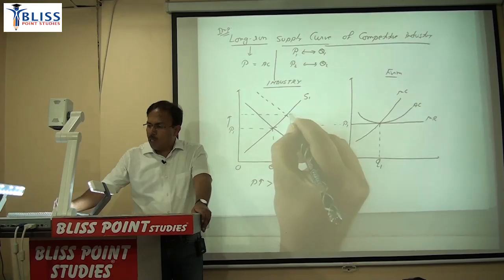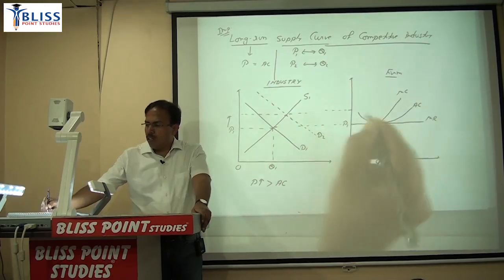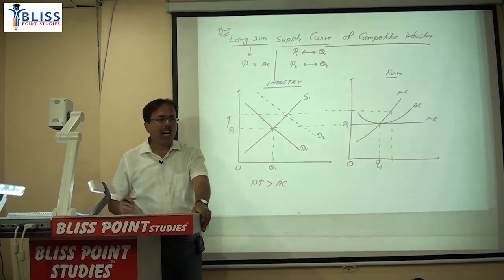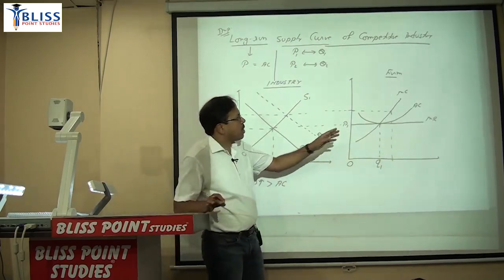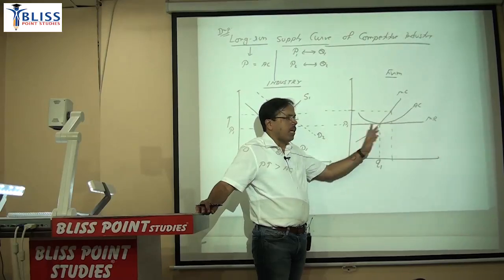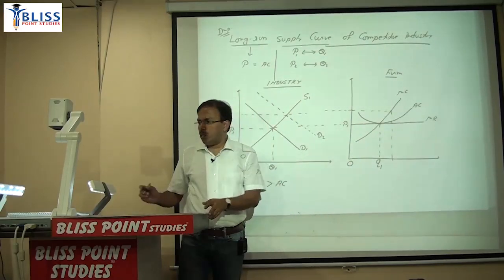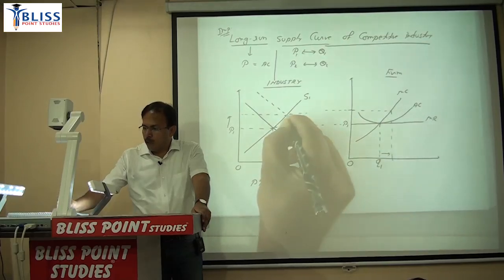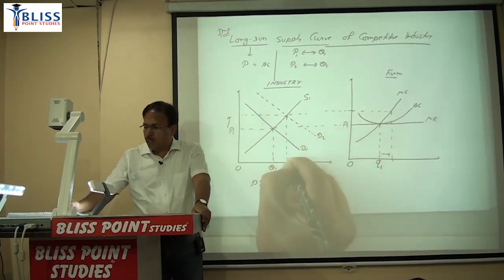So at a higher price, existing firms in the market will produce more, because the MR line will now move up, so its intersection will now come here. Existing firms in the market produce more quantity, and therefore industry quantity also increases.